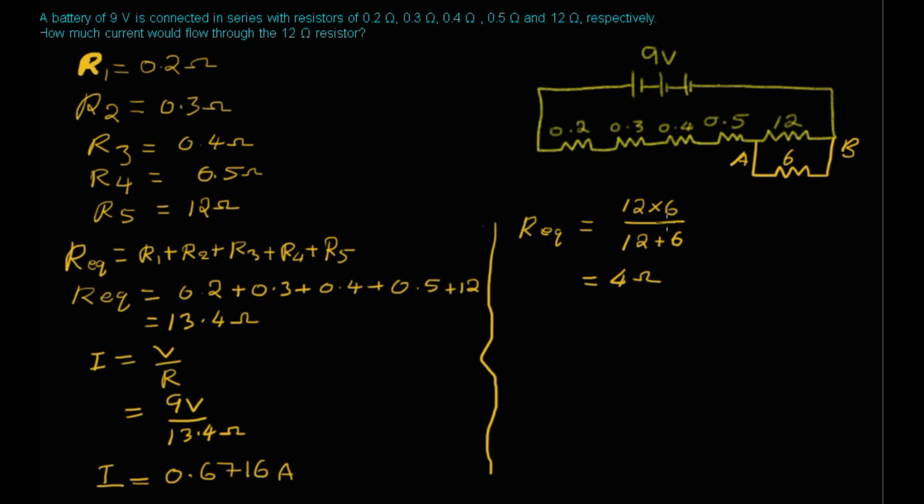So now we can find the potential difference between these 2 points A and B. This total resistance is 4 ohm, and the total current will be the same, 0.6716.